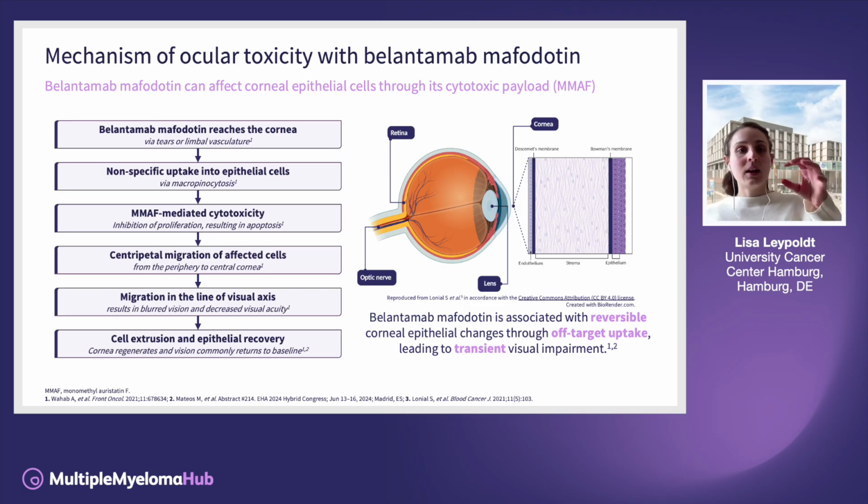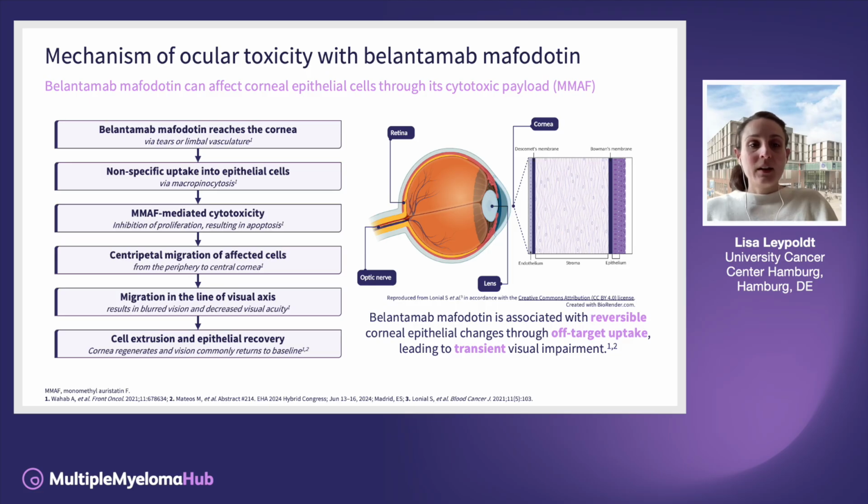These dead cells accumulate, and unfortunately they do so in the very central part of the cornea, which is central to the lens as well. If there are a lot of dead cells in the central part of the cornea, this results in blurred vision and then decreased visual acuity, which we will see in the next slides.